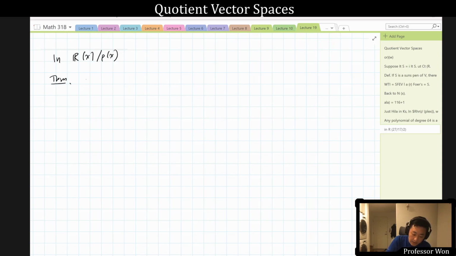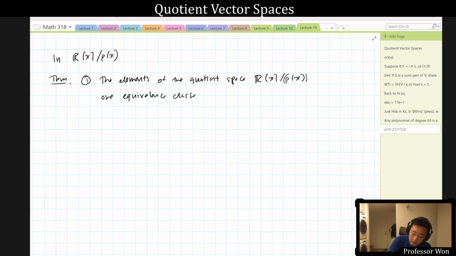Okay, so 1, the elements or the vectors of the quotient space are equivalence classes of polynomials modulo p of x.